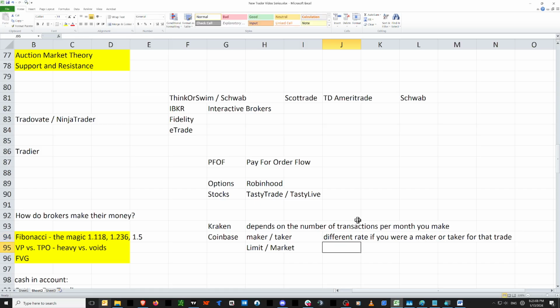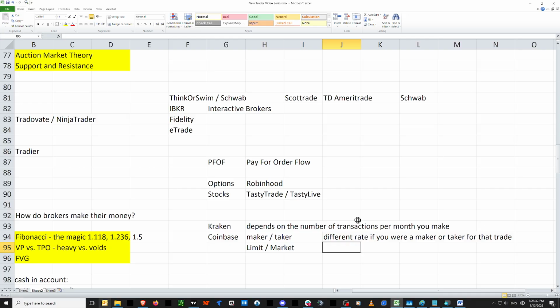For that trade, did you put a limit order in and just sit back and wait? If price comes down to 199.80, I will be glad to take 500 shares of Solana. Fine. It may take 15 seconds to 15 days to 15 years. If it gets down there, you're a maker.